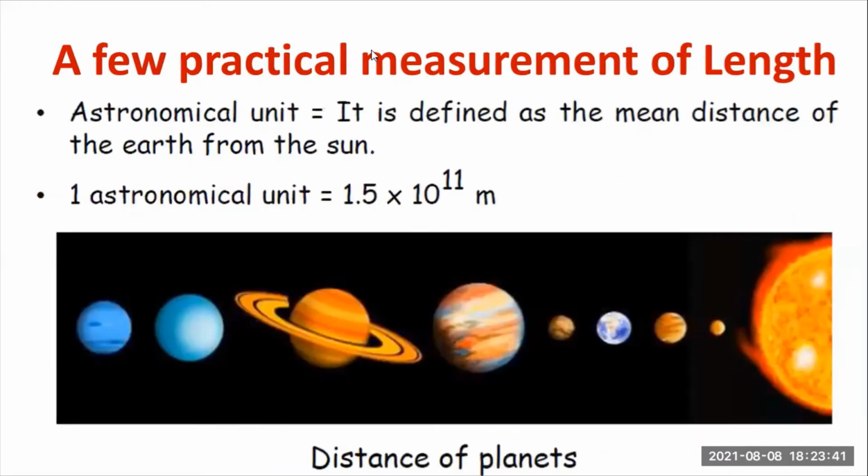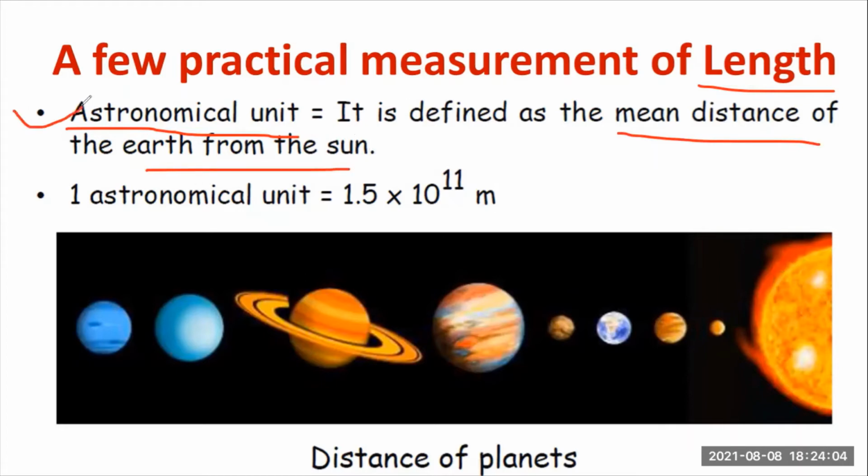Let us take some examples related to astrophysics. In case of measurement of length, we can choose one more unit, called the astronomical unit. It is defined as the mean distance of the Earth from the Sun. That is called the astronomical unit. That you have to remember.